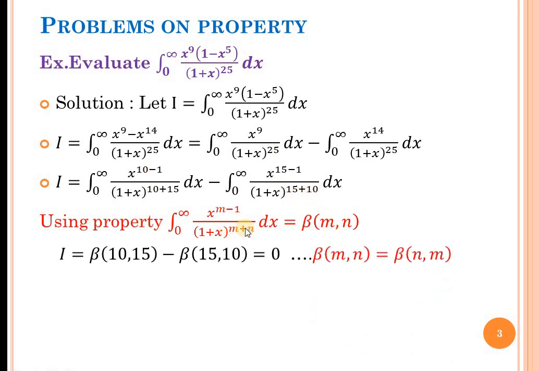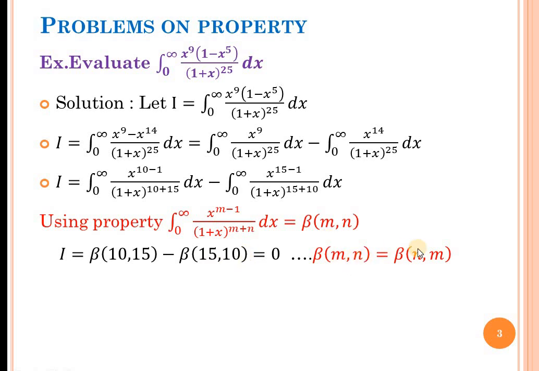This is an important step: observe the m in the numerator, and then split the whole denominator power as m plus n. By this property, the value of the first integration is beta of 10 comma 15 minus, here beta of m comma n, so m is 15, n is 10, beta of 15 comma 10.